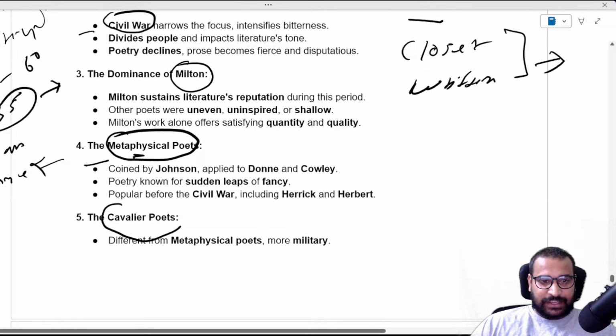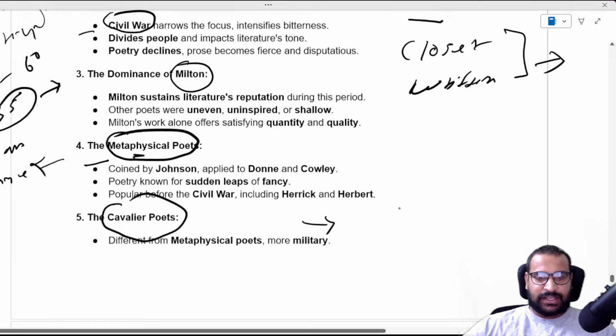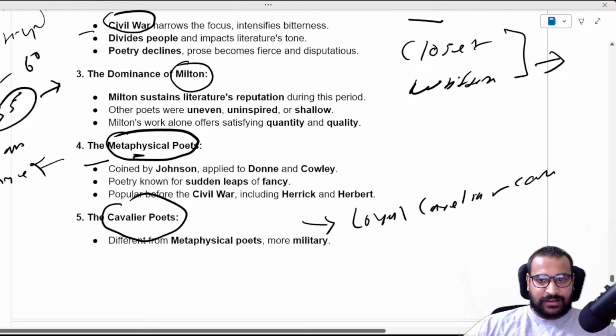Then we have Cavalier poets, and you remember the quote that we made in our last session about Cavalier, like loyal, it was there, right? Loyal Cavalier means loyal to the king. Loyal Cavaliers care well to sick lovers. Remember that? That was the code.